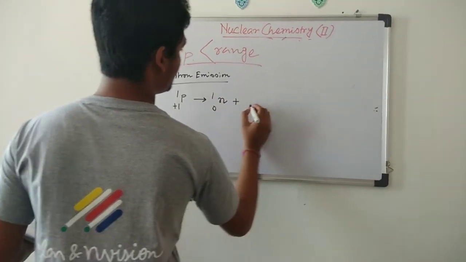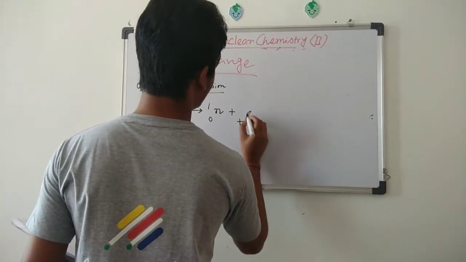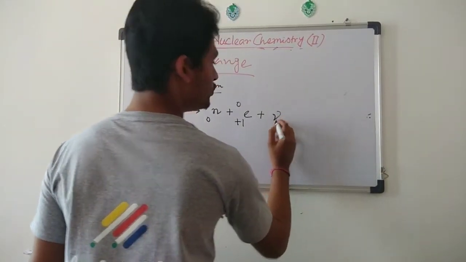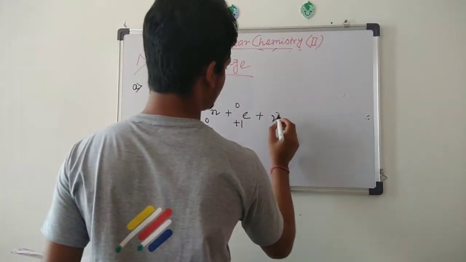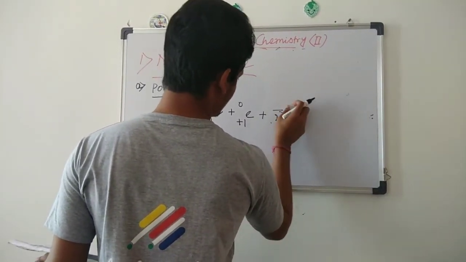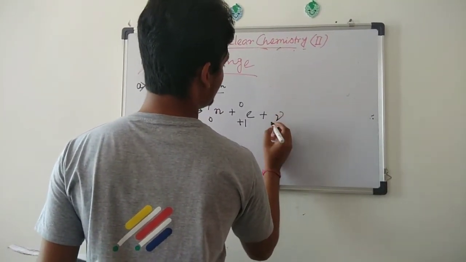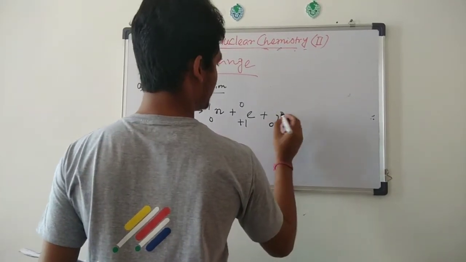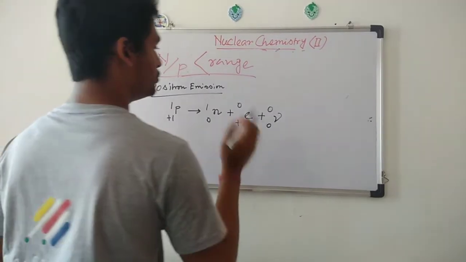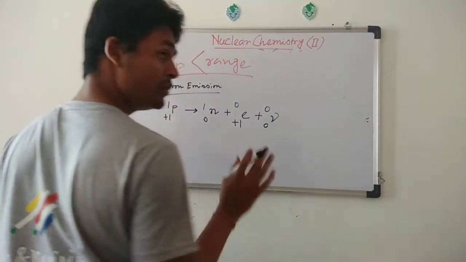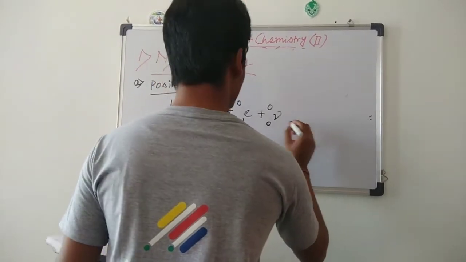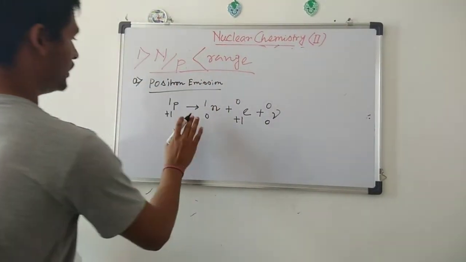So it will obviously eject one positron, and again one particle, which comes to equate the energy, the nuclear spin, nuclear statistics and all. In that case, because this is positive, no bar is needed. I am just telling you to remember the thing very easily. I remember this thing like this. So this is the story.